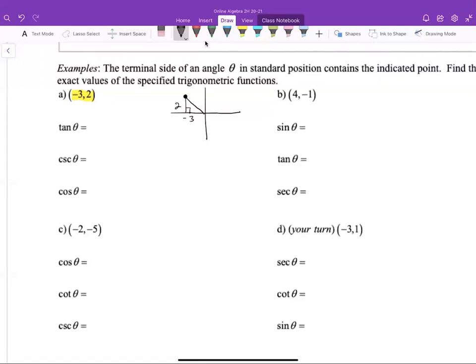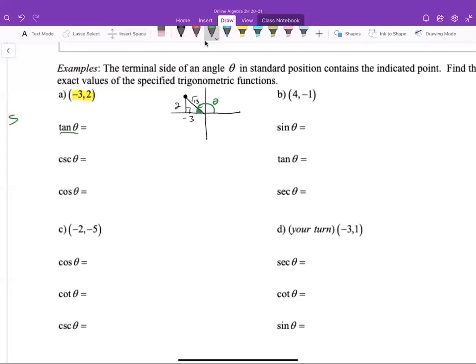So I'll take 2 squared plus 3 squared and take the square root, and that will give me the square root of 13. That is a positive value. I am going to focus on my reference angle inside that triangle, which is the angle that line makes with the origin to the x-axis, and that is going to give me the value of tangent, for example, of theta. So here we go.